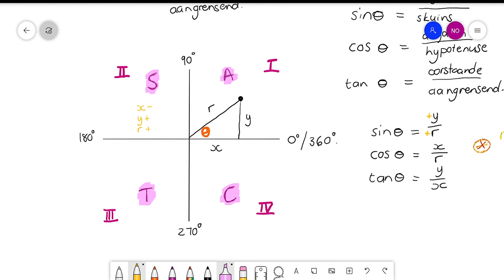Stem julle saam? Weet julle dat 'n plus gedeeld deur 'n plus is? Mooi man! Okay, as ons gaan kyk na cos, gaan x mos nou negatief wees. Maar r bly positief, and a negative divided by a positive is a negative. So that is why cos is negative in the second quadrant. And if we go to tan, we have a positive divided by a negative, which gives you a negative value.